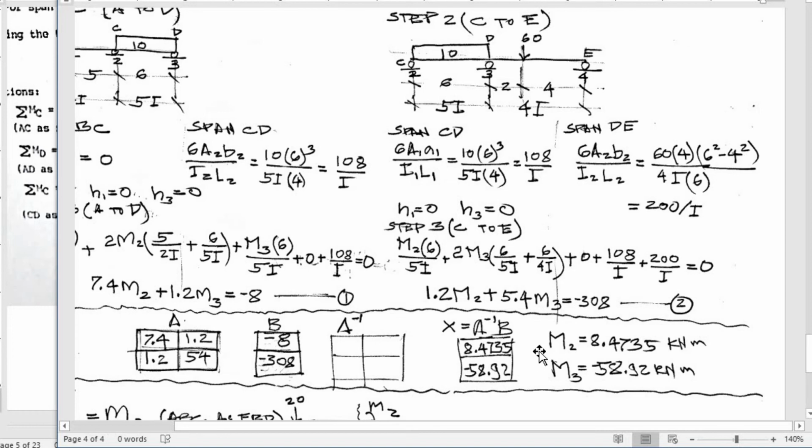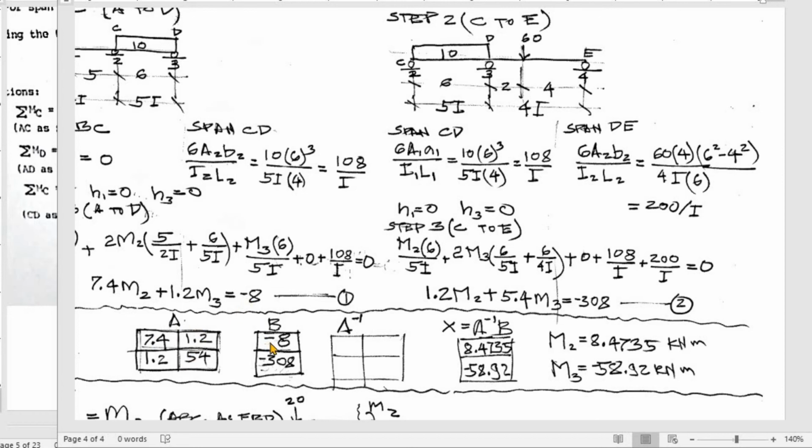Gagamit na tayo ng Excel. So, let's take this as your coefficient matrix A. Okay, so, yung first equation, yan, 7.4, yung constant ni M2. Tapos yung 1.2, yan yung constant ni M3. Coefficient pala, I mean. Okay, so A, this is your coefficient matrix.